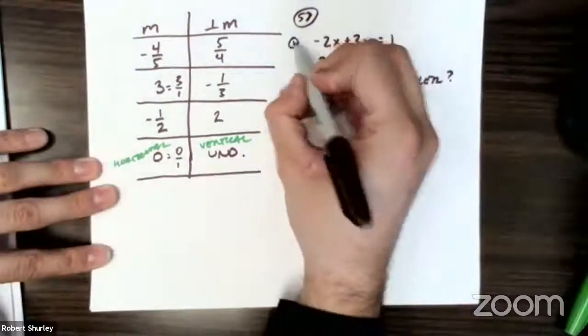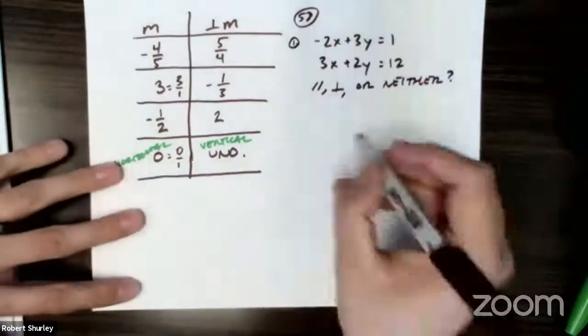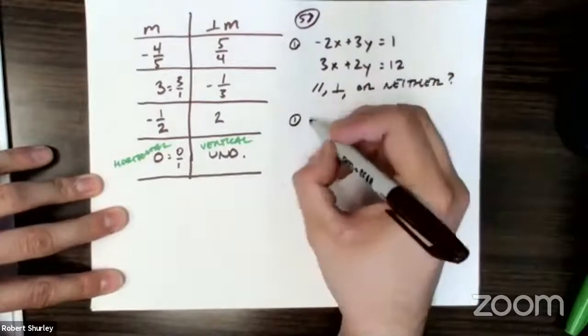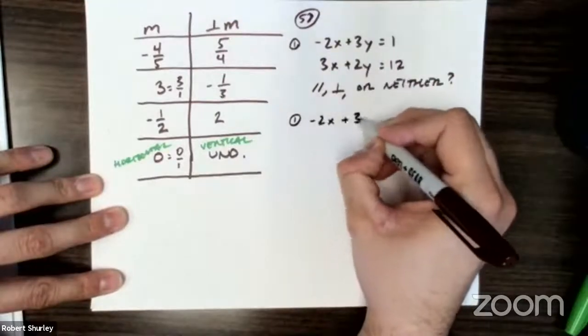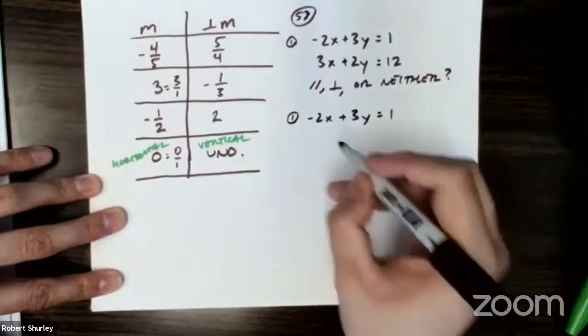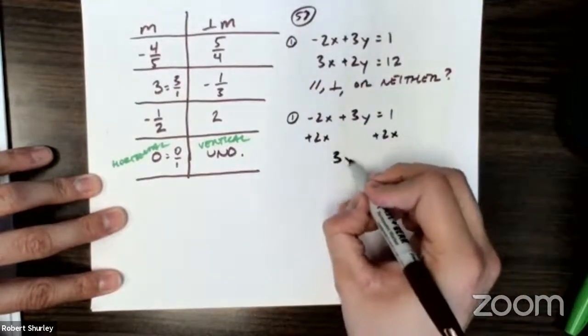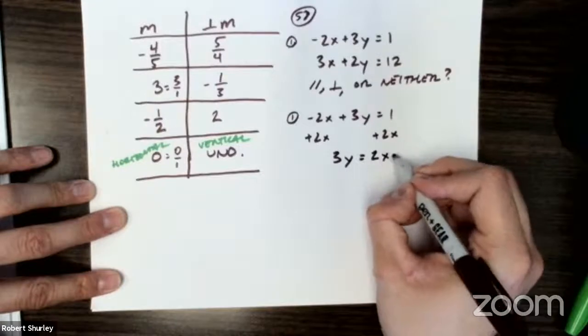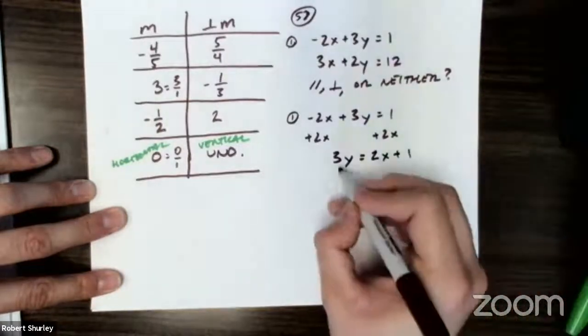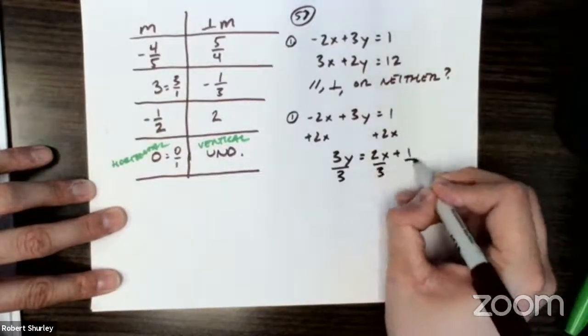So I'm going to take this first equation, and I'm going to solve for y. Negative 2x plus 3y equals 1. I'm going to add the 2x. 3y equals 2x plus 1, right? And then I'm going to divide everything by 3.